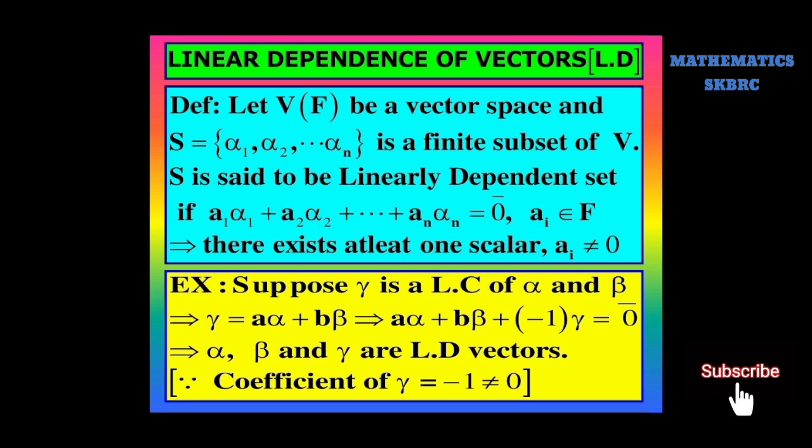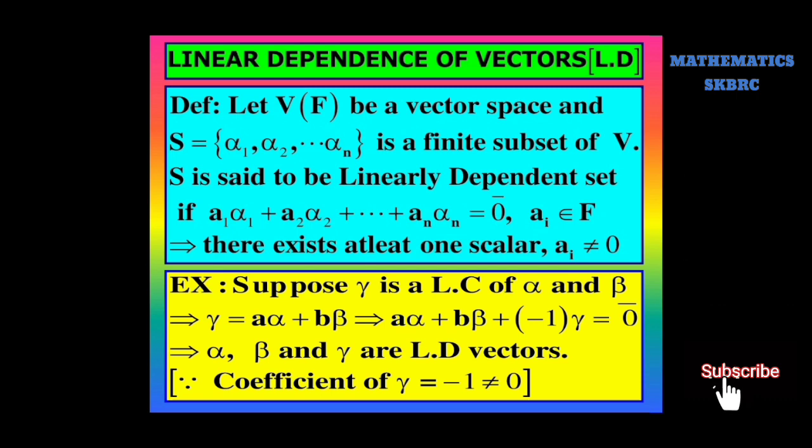Definition: let V(F) be a vector space where F is a field, and S = {α1, α2, ..., αn} is a finite subset of V. A set S is said to be linearly dependent if, for the linear combination a1α1 + a2α2 + ... + anαn = 0 bar, where a1, a2, ..., an belong to F are scalars, there exists at least one scalar a not equal to 0. A not equal to 0 means a1 not equal to 0 or a2 not equal to 0 and so on, an not equal to 0.